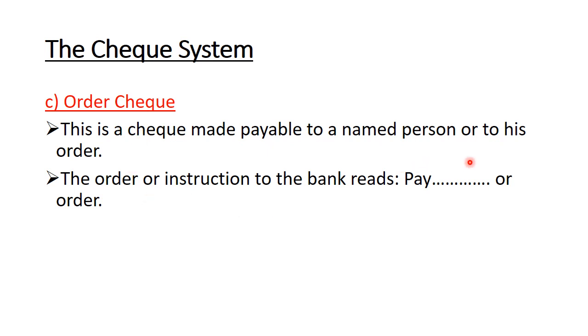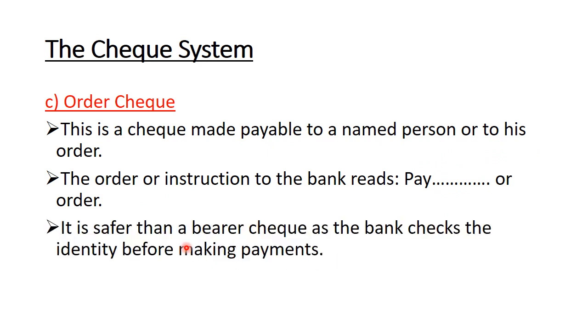And the person who is going to be paid is Mr. James Candolo, whose name is written here. So this one is safer than the open check and the bearer check, as the bank checks the identity before making payments.